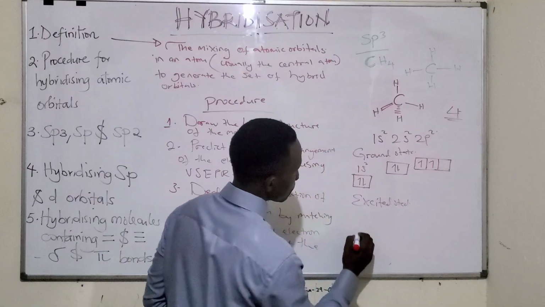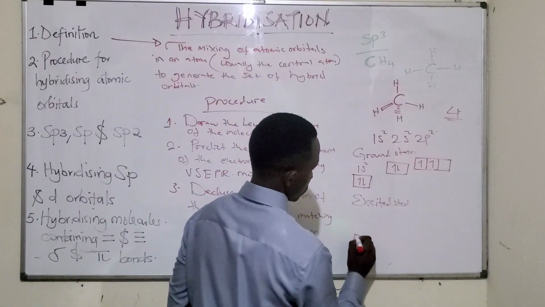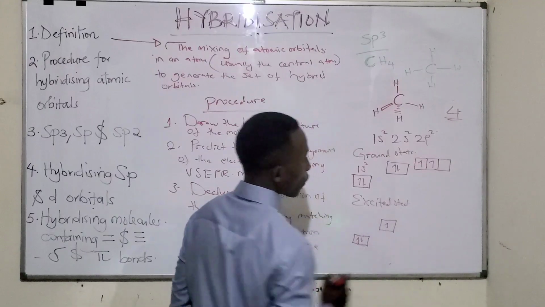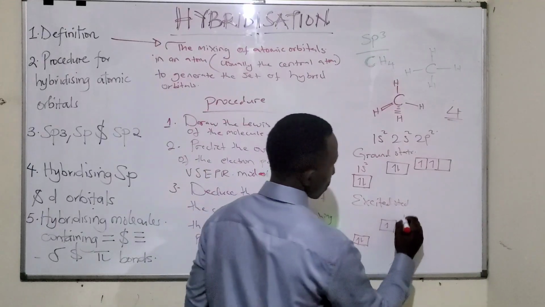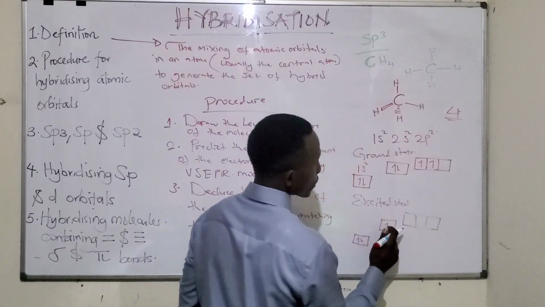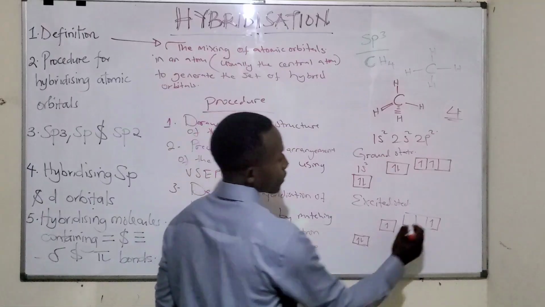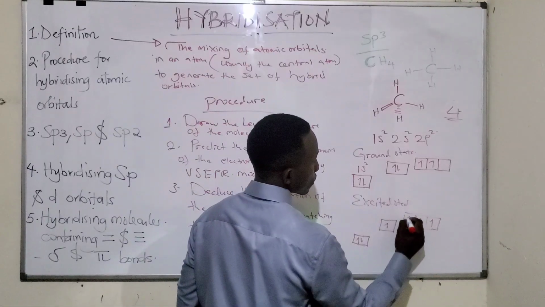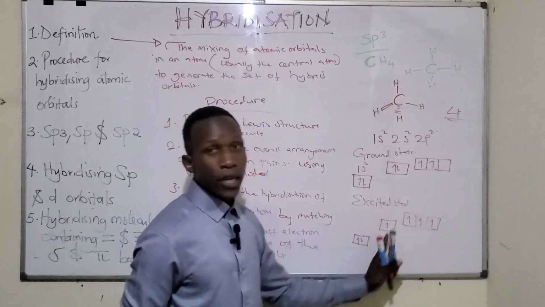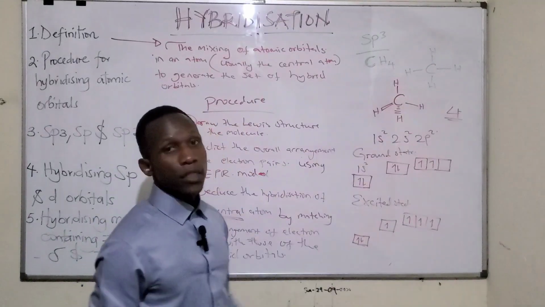So we shall have this. This electron will be promoted to this energy level. Now we have 4 unpaired electrons for carbon to bond with hydrogen.